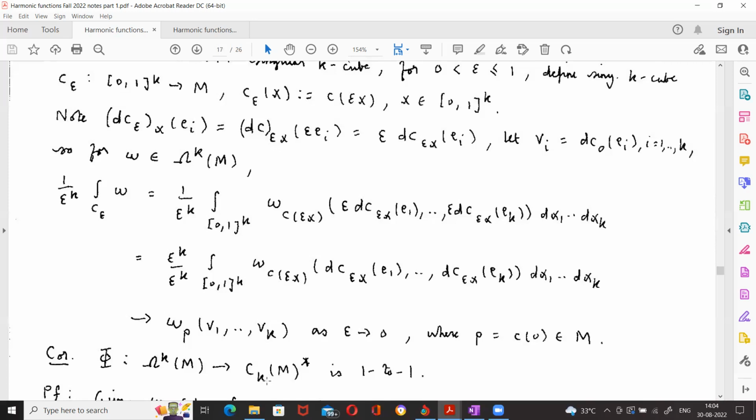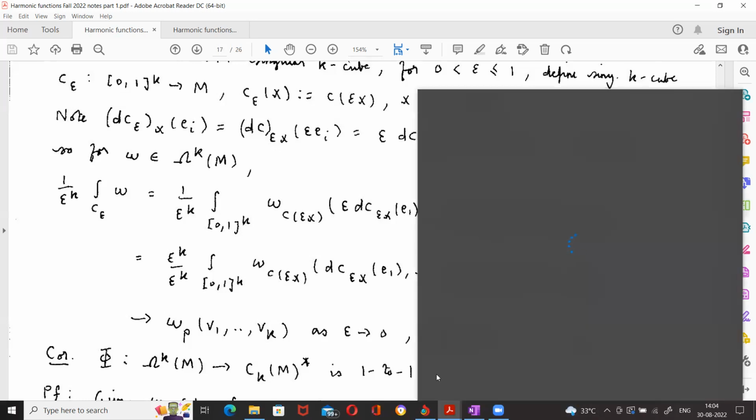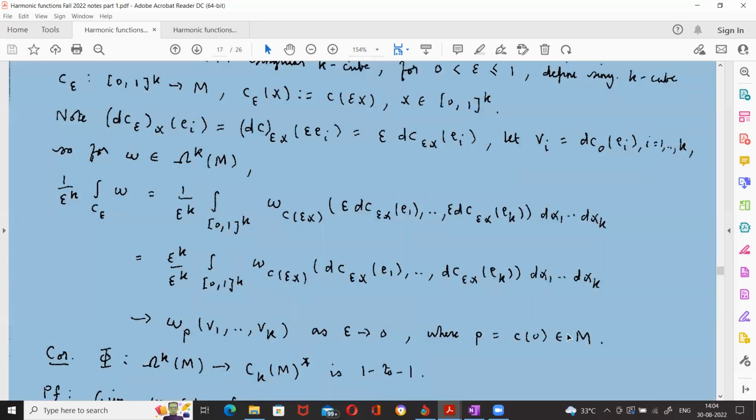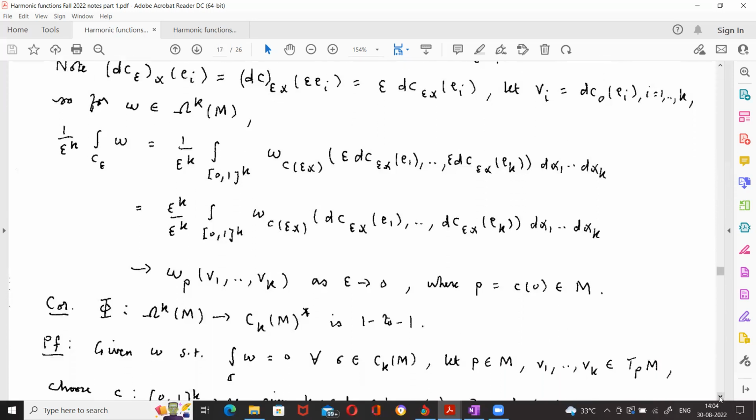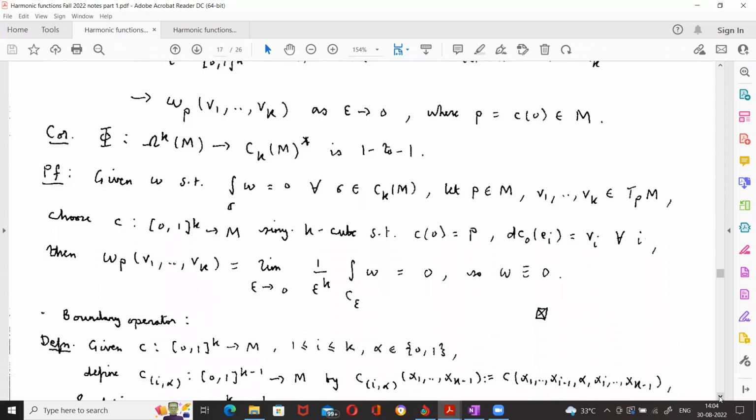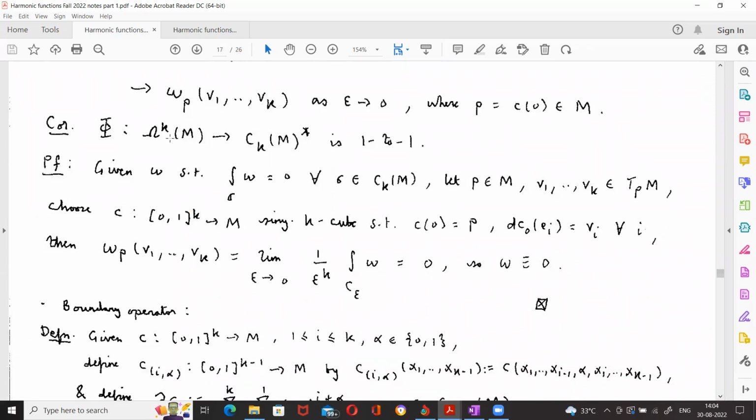So the integral of omega is a linear functional on the space of k-chains. This linear map therefore is one-to-one. So that means we can view the k-forms as a subspace of the k-cochains, as a subspace of the dual of the space of k-chains.